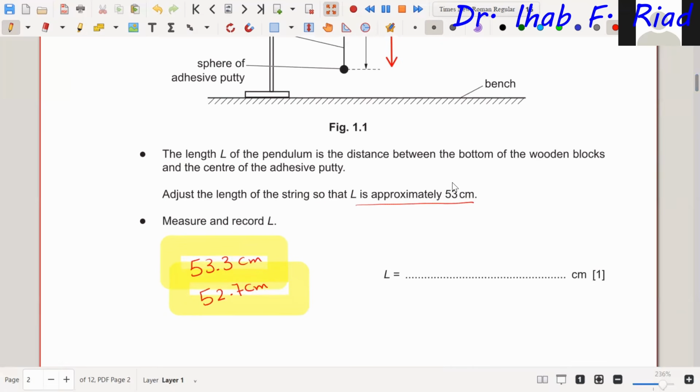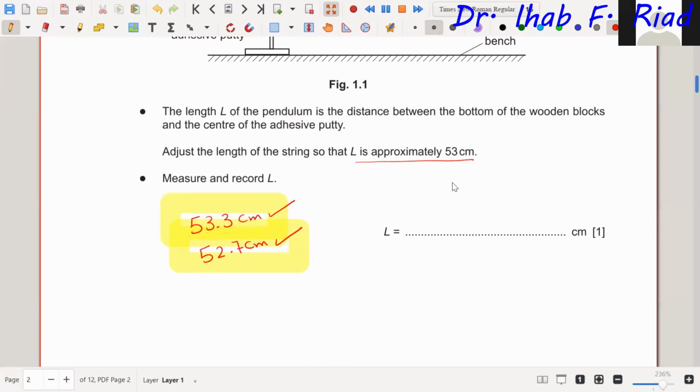Now, as usual, whenever we get this type of question, we take two measurements for the quantity he asked for. You get the first one as 53.3, the second one is 52.7.